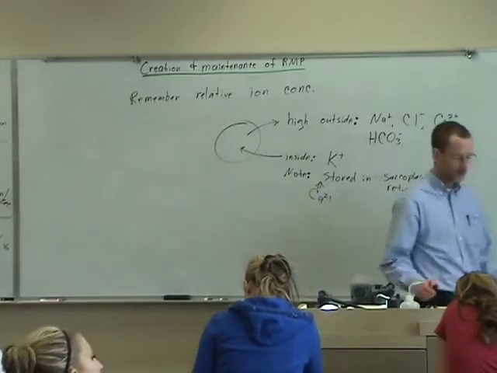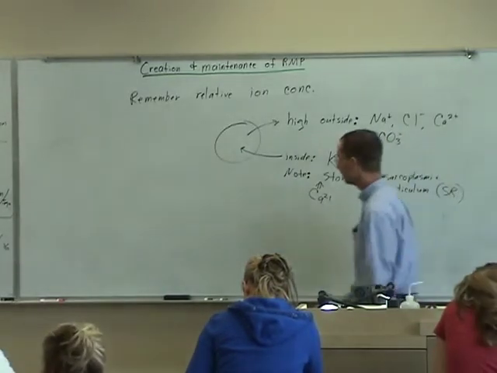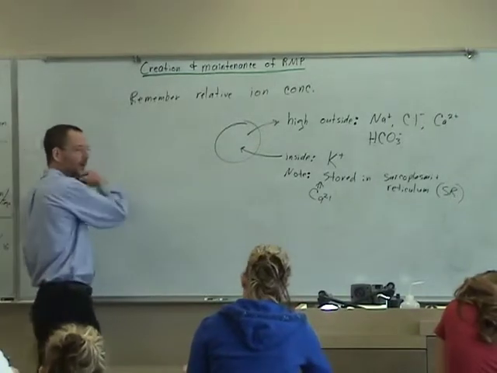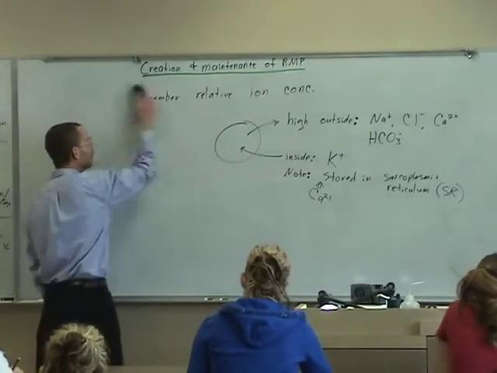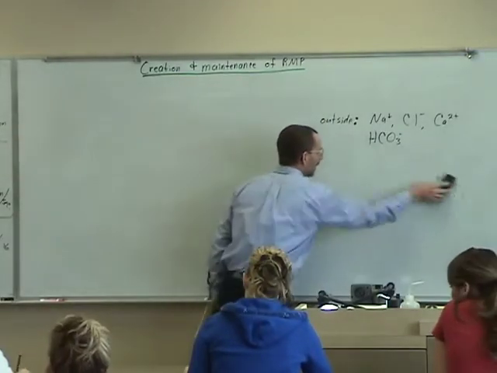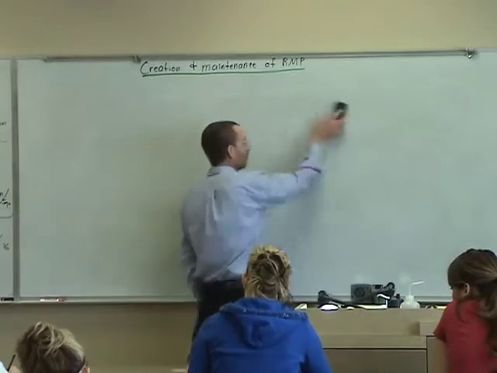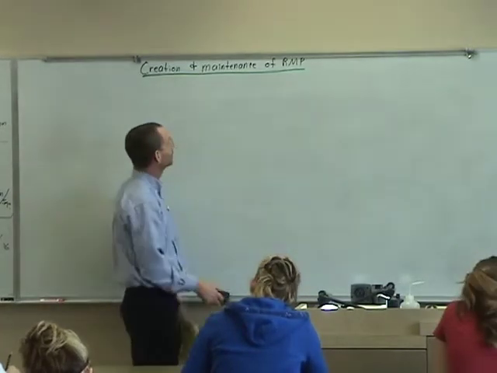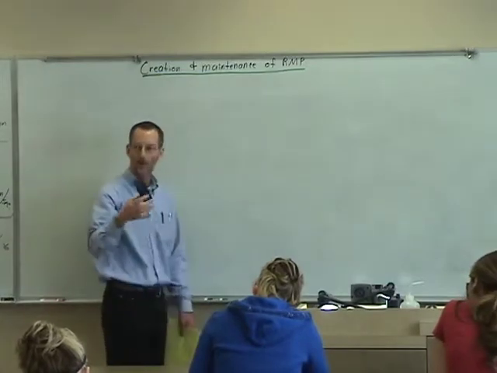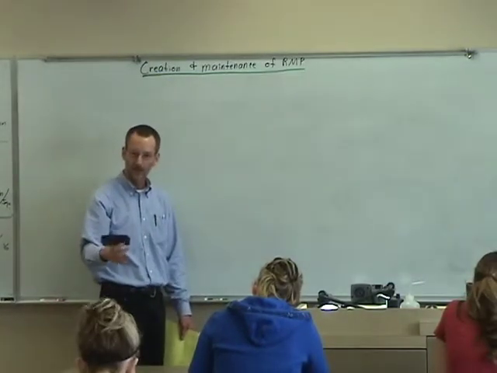All right, so on to the resting membrane potential. How is it made and how is it maintained? Keep in mind that we're only describing the picture at rest. We're just setting up a polarized resting cell membrane.